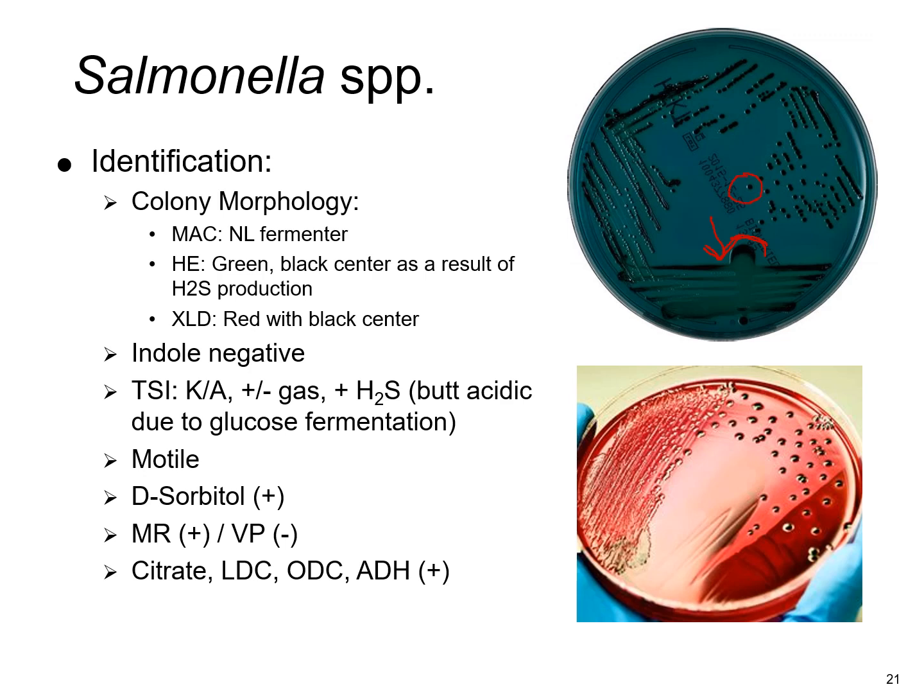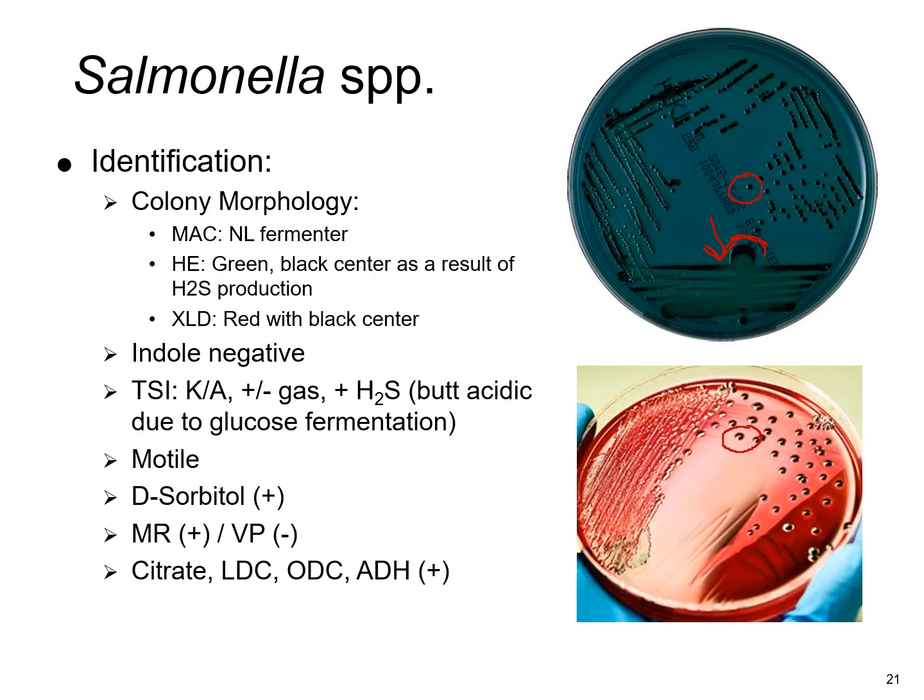It's hard to tell that it's green because it is so dark, but that is the H2S production. With your XLD agar, the organisms will also produce that H2S, and so you get that red to brick red type of appearance on that agar plate with that little bit of a black center to it. These organisms are indole negative.